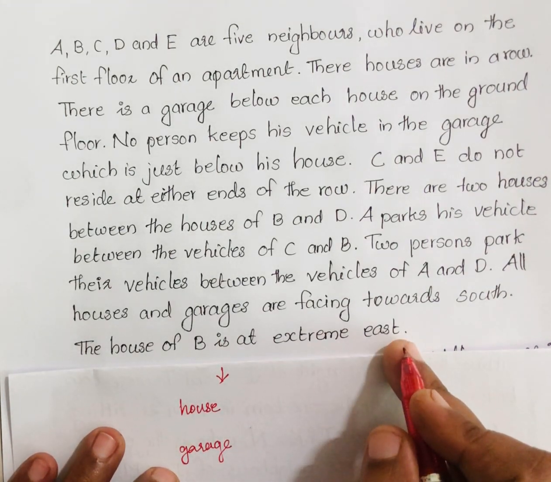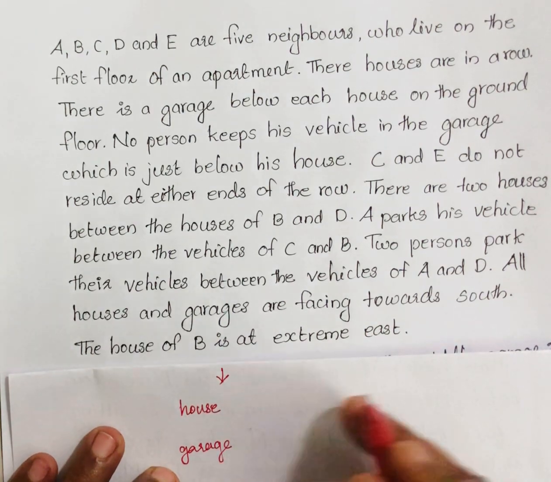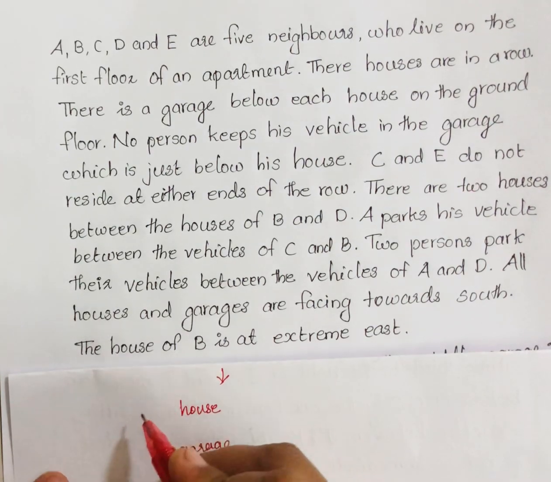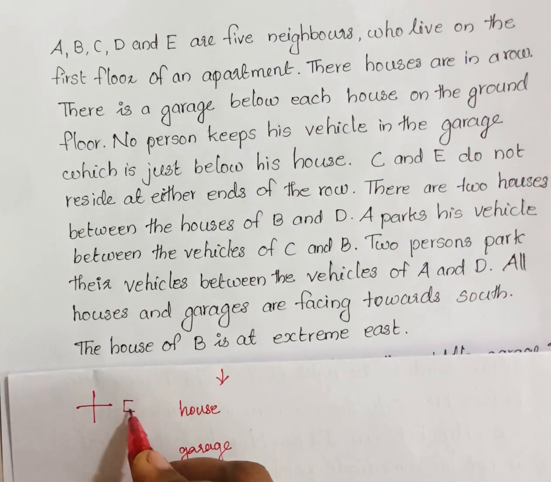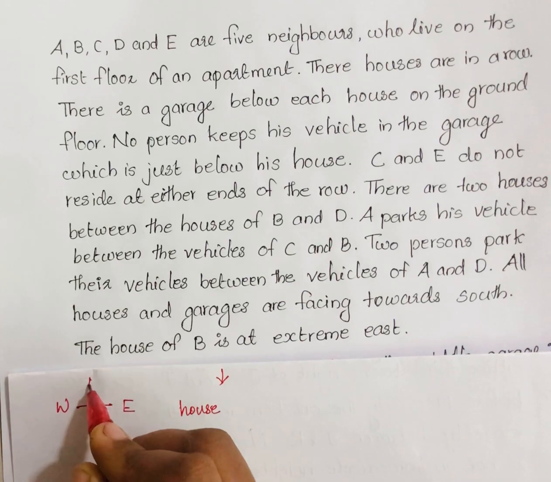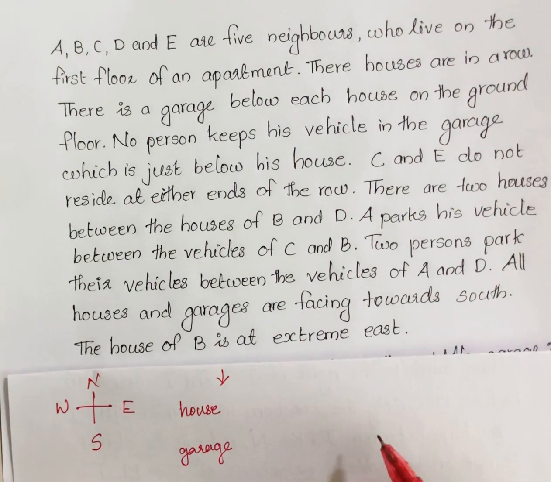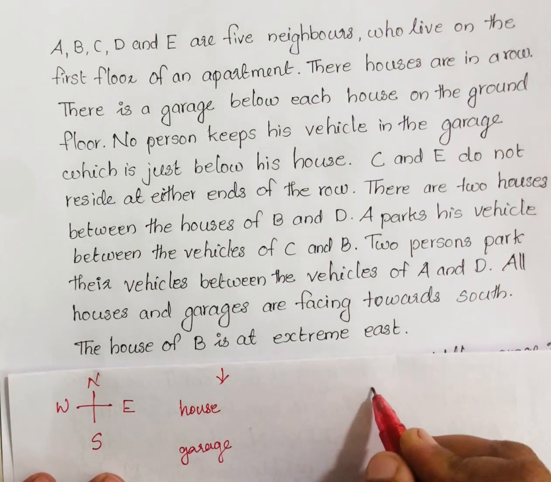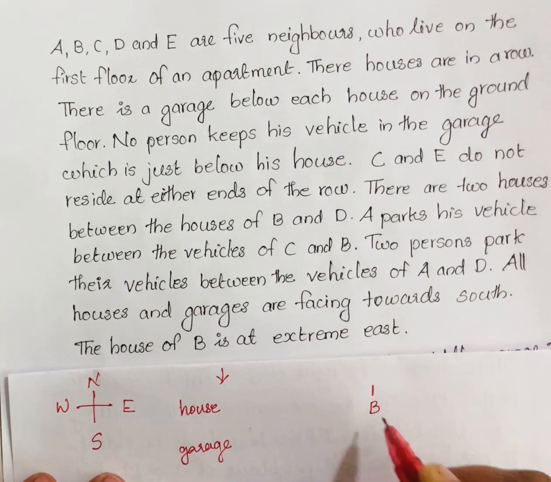East means this side, that is, this is east, west, north, south. So extreme east means this one will be B's house.